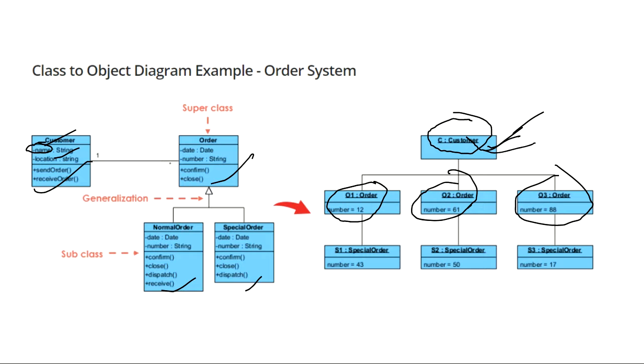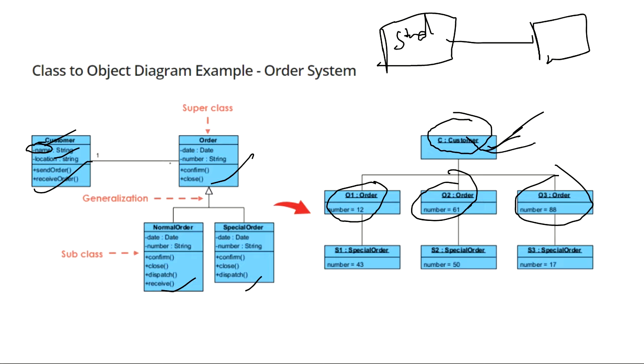For example, suppose there is a student class here and there is a course class here, and I have given the multiplicity as star here, and here I have given multiplicity as 1. It means that student can have multiple courses.